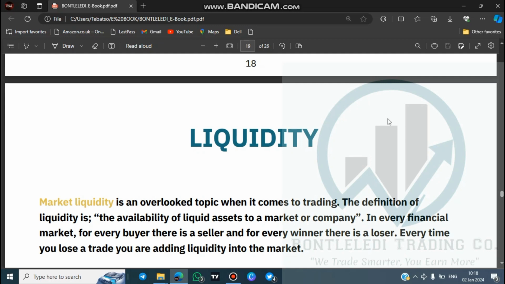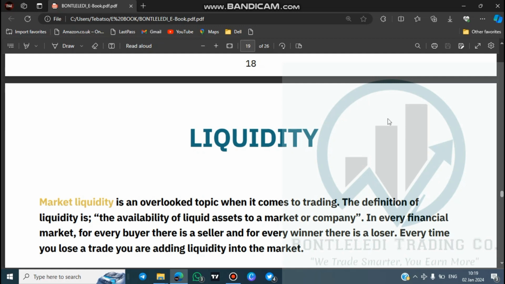In every financial market, for every buyer there is a seller, and for every winner there is a loser. Every time you lose a trade, you are adding liquidity into the market. I've always said to people that whenever you press that buy or sell button, just know that on the other side there is someone who is selling or buying.